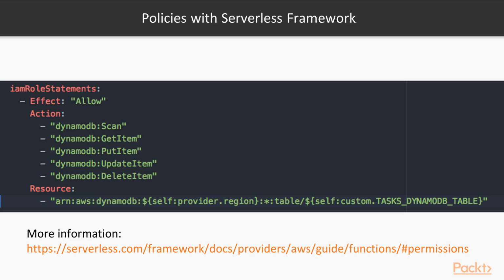And then all the different actions that this lambda will be able to perform on this table. It can scan, it can get an item, it can put an item, it can update an item, and it can delete an item. And then over which resource. You can have one or multiple resources. And you can have as many of these policies as you want in the IAM role statement. For more information, you can check the link on the screen that will explain how to define these policies in Serverless framework.